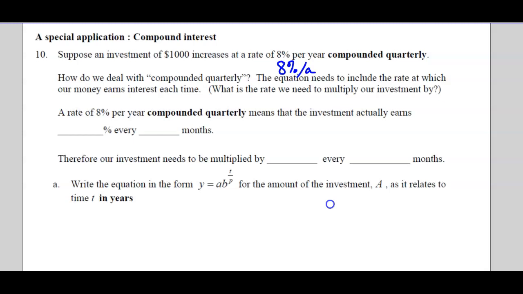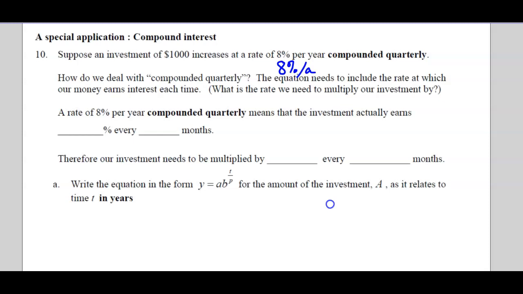Banks are not very generous, okay? If you're borrowing money, they're going to charge you higher interest than if you are investing money. In any case, that yearly amount, 8%, is per year. So what would that rate be for 1 quarter of a year?